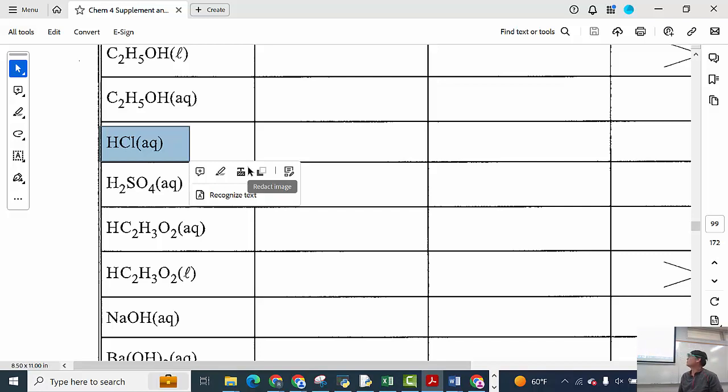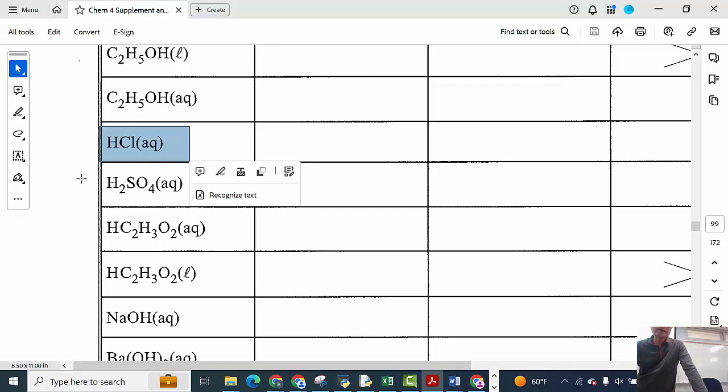That's because hydrochloric is a strong acid. Strong acids dissociate or hydrolyze completely. And so HCl dissociates into what? H plus and Cl minus. We could also say H3O plus instead of H plus because of the high charge to size ratio of H plus.